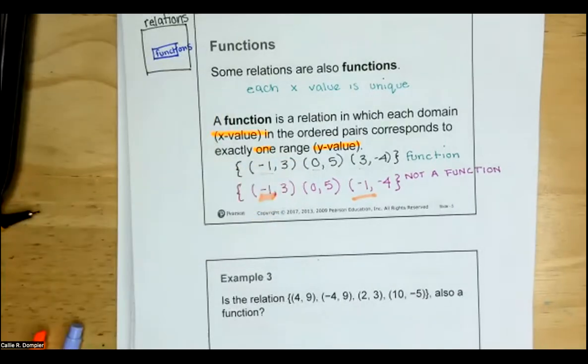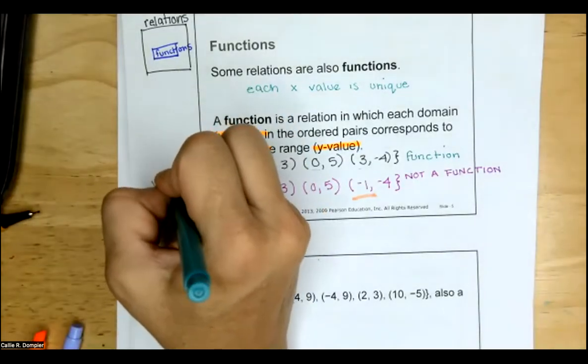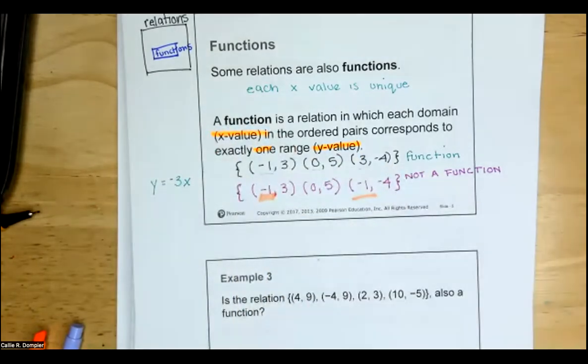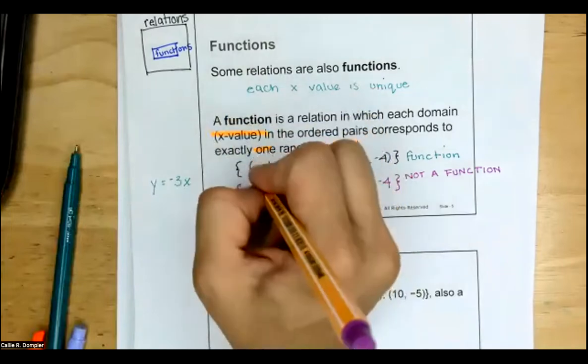What kind of equation would that be? X is -1, Y becomes 3. So if we said Y is equal to -3 times x, right? And then we put in -1 for my x.